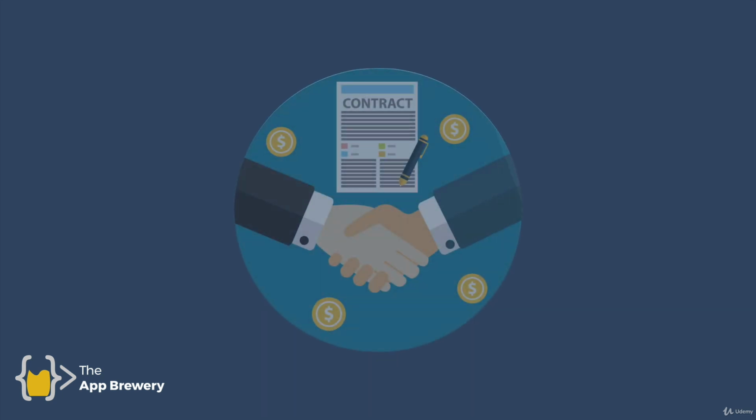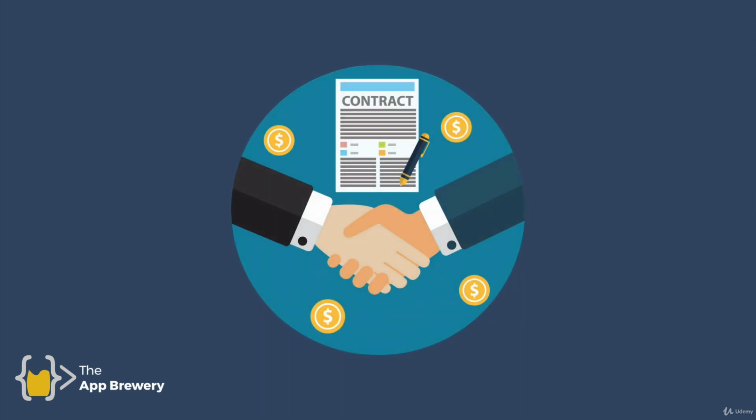An API, some people will consider to be a contract. It's a contract between the data provider and the developer, and essentially what it says is these are all the things that developers can access, and these are the methods, the objects, the protocols that you will use to access them.